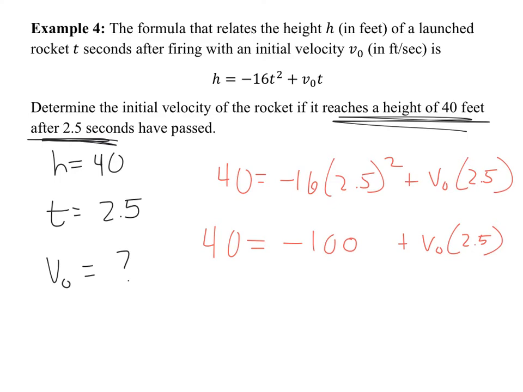Feel free to use a calculator to square 2.5. I don't expect you to have that memorized. I really don't. Okay, so if you want to do 2.5 squared in the calculator and then multiply by negative 16, you can. Continuing to solve. How do I get rid of the 100 or the negative 100? Inigo, what do I do next to get rid of that negative 100?